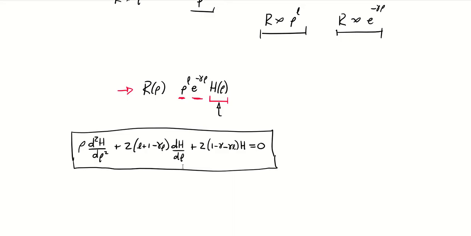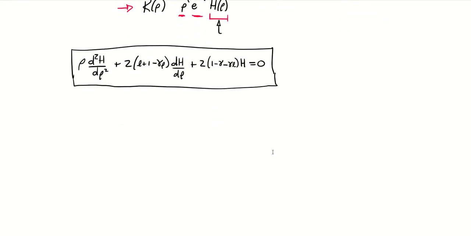The way we're going to go about this is a power series expansion, where we say h of rho is equal to the sum, with j equal to 0 to infinity, of some coefficients c_j times rho to the power of j. The derivatives we can figure out, right? dh d rho is the sum over j from 0 to infinity of j times c_j rho to the j minus 1, where that first term, j equals 0, is going to be 0.